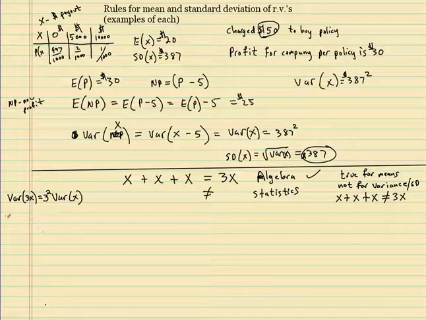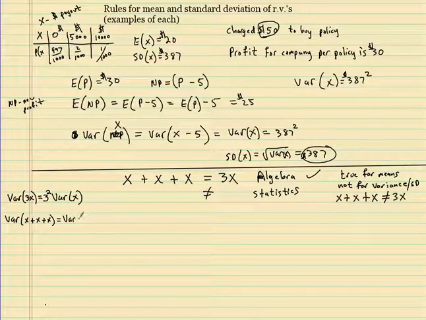But what's the variance of x plus x plus x? That's just the variance of x plus the variance of x plus the variance of x. How many variances of x do you have? 1, 2, 3. They're all the same, so that's equal to 3 times the variance of x.